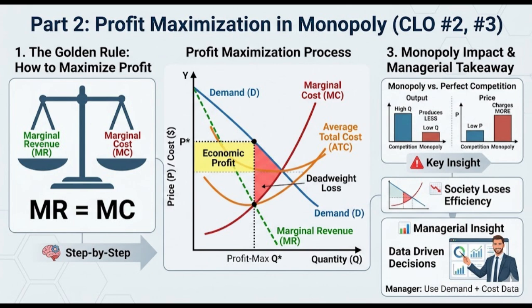Okay, so what does this have to do with managerial decisions? The managerial insight is that as a manager, you don't set price randomly. You use demand plus cost data to make decisions.